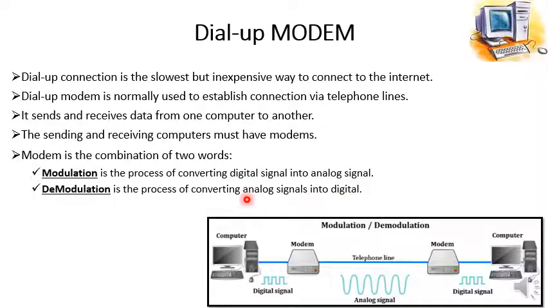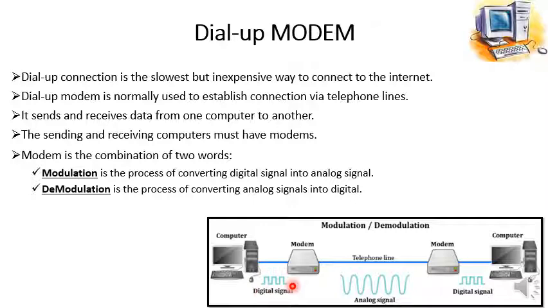This is required for our communication through digital computers, because telephone lines carry analog signals, but at the ends we are using computers for communication. Computers can only process the digital form of data.